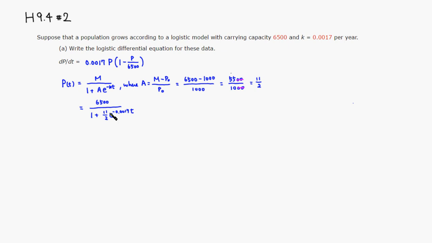Maybe I'm just going to multiply top and bottom by 2 so that I don't have a fraction inside a fraction. So you have 2 plus 11 e to the negative 0.0017t, and the numerator is going to be 13,000. So let's type it in.